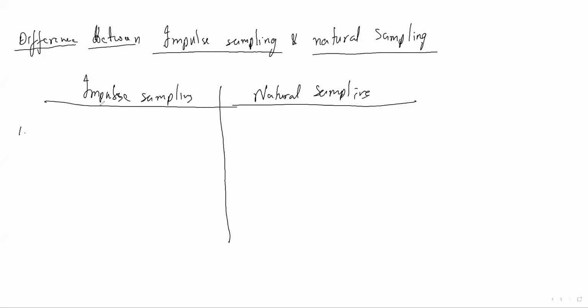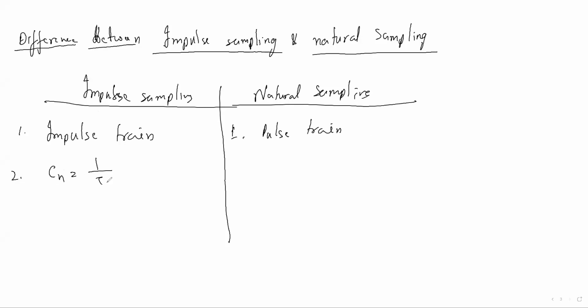Here in this case, what we have used as the sampling signal is an impulse train signal. In the other case, we have used a pulse train signal. In this case, what is the value of Cn?